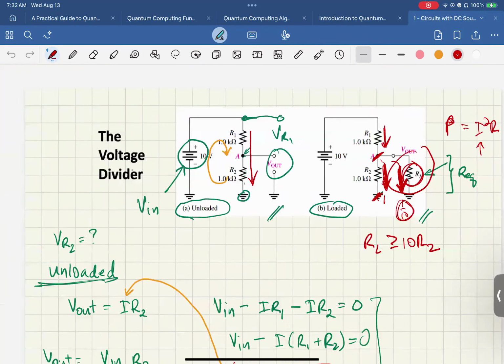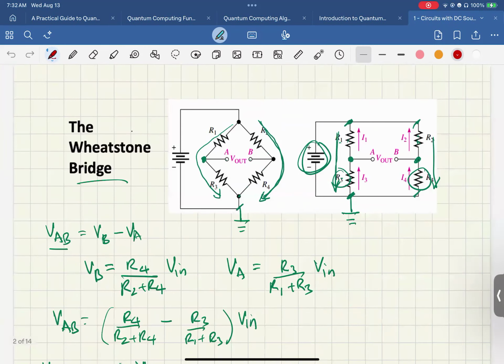Okay, and sa Wheatstone bridge naman, this is a type of circuit where you have these four resistors, pero you take the output from points A and B, across A and B. To do that, first you need to take the output at point B with respect to the reference and output at point A with respect to the reference, and then you take the difference, to take the output between VB and VA. So yan yung Wheatstone bridge.